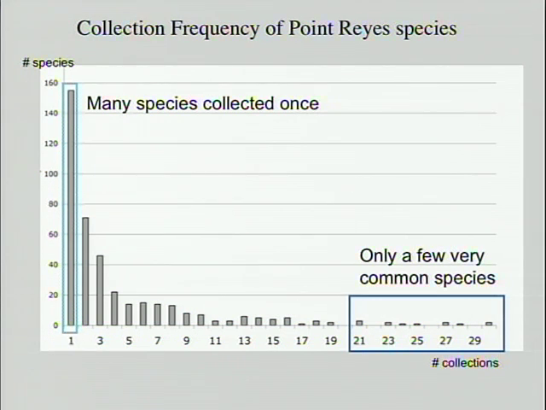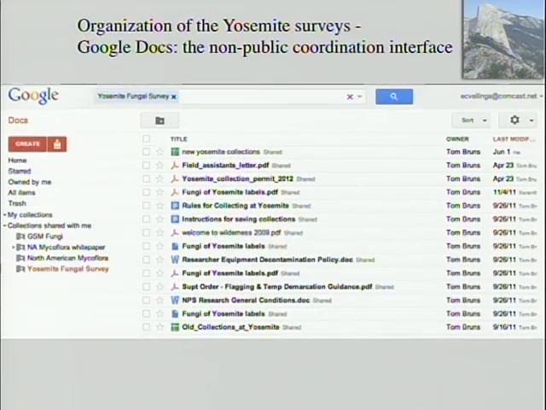Okay, so that was Point Reyes, where we had these microblitzes. In Yosemite, we had a different approach. We have permits for around 30 people, I think, so they can go into the park when the conditions are right. The problem with Yosemite is that it's further away, as I said. It's also much harder to get there at the right time.